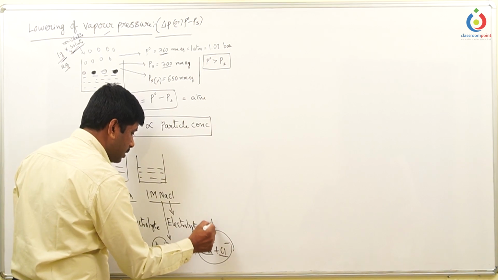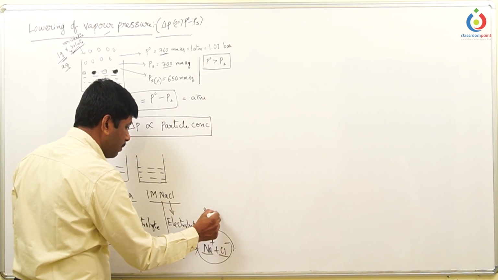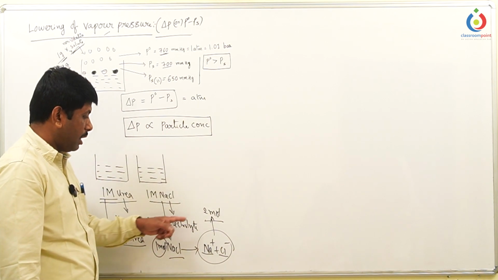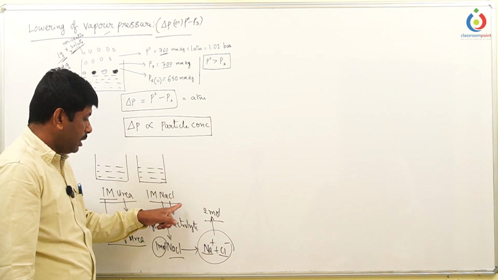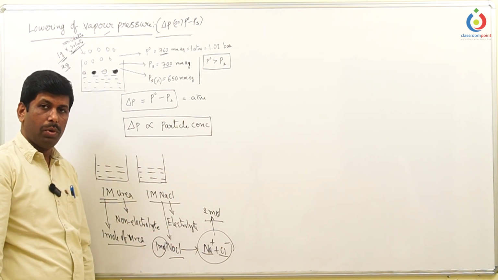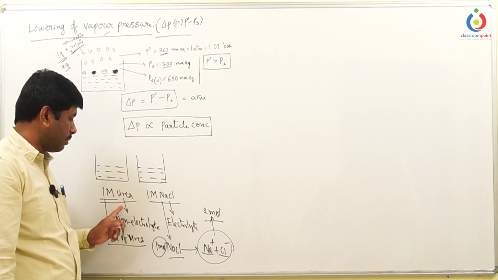Total number of particles equals 2 moles of ions. That means the number of particles suddenly increases. When the number of particles increases, this solution behaves as a more concentrated solution compared to the 1 m urea solution.